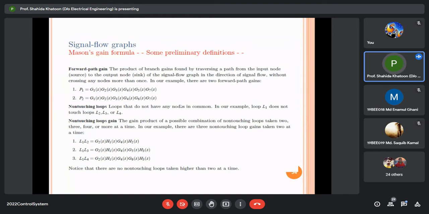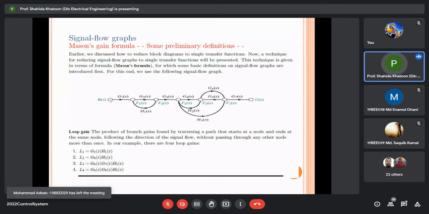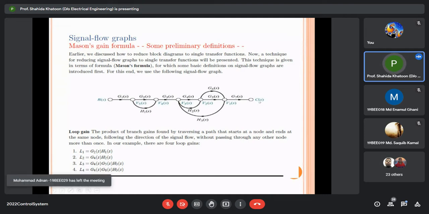Another term is called the forward path gain, the product of branch gains found by traversing a path from the input node, source node to the output node, which is the sink node of the signal flow graph in the direction of signal flow without crossing any nodes more than once. For example, in the previous problem, as you can see that this is a forward path because we have to go from the input node, which is the R(s), the output node is C(s).